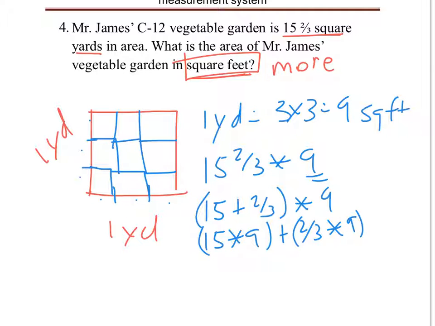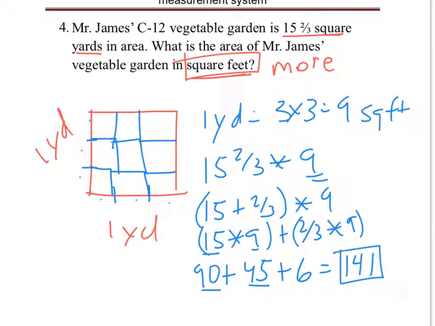So 15 times 9 is 90 plus 45, 9 times 10 plus 9 times 5, 135, plus 2/3 of 9. Well, a third of 9 is 3, so 2/3 of 9 is 6. So we get 90 plus 45, 135, plus 6, 141.